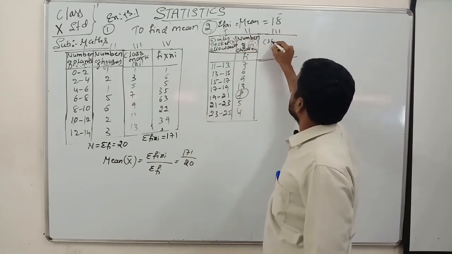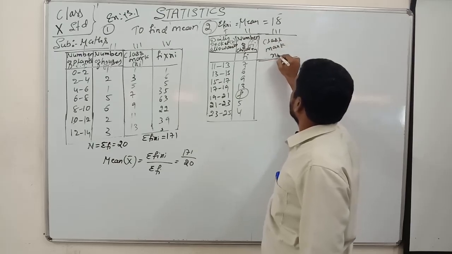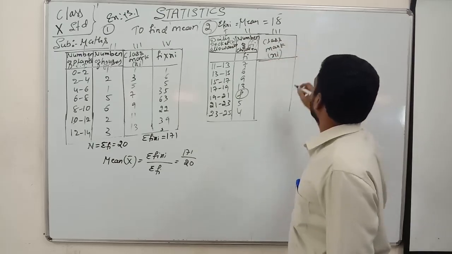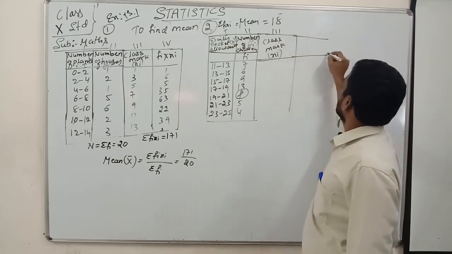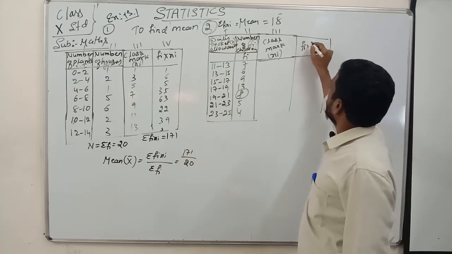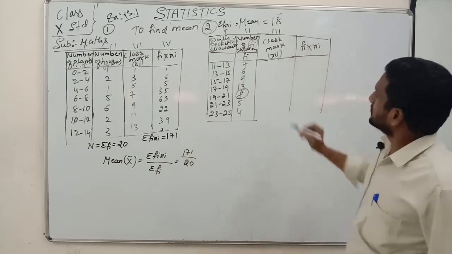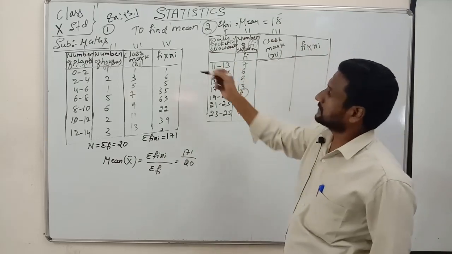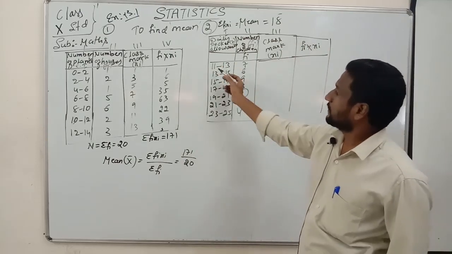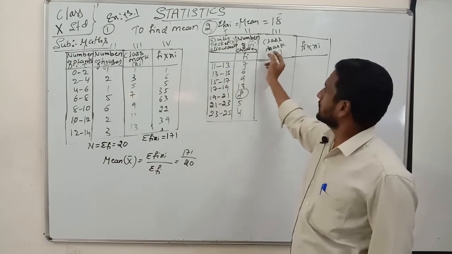Class mark is represented by xi. Next column is fi, frequency into class mark. Class mark, how do you find it? In the previous problem I explained that. The average of these two, adding these two and dividing by 2, that is nothing but the class mark.